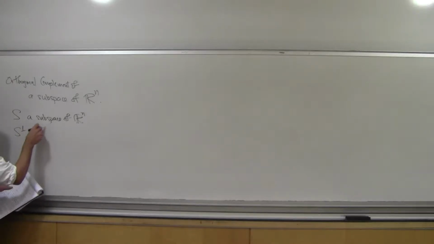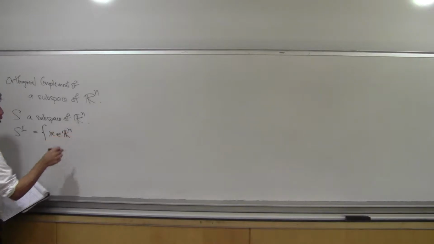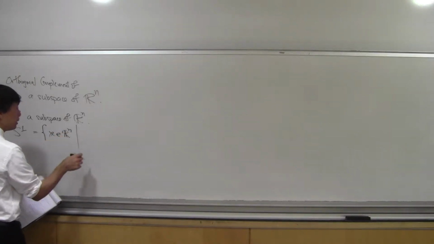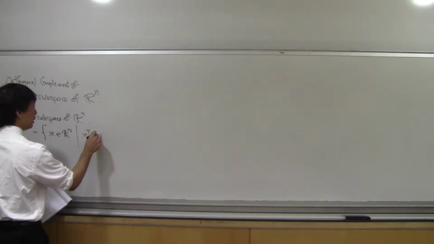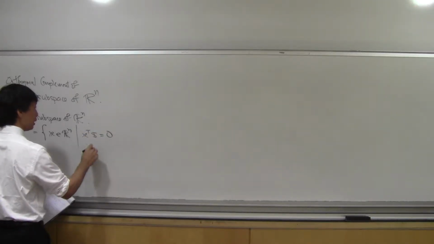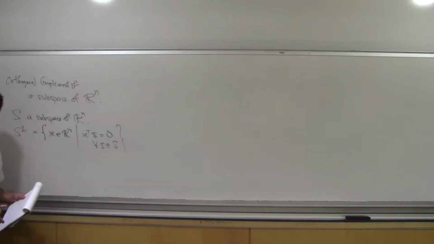You say it is all the vectors in Rn, right? Any vector x in Rn such that x is perpendicular to every element in S, right?